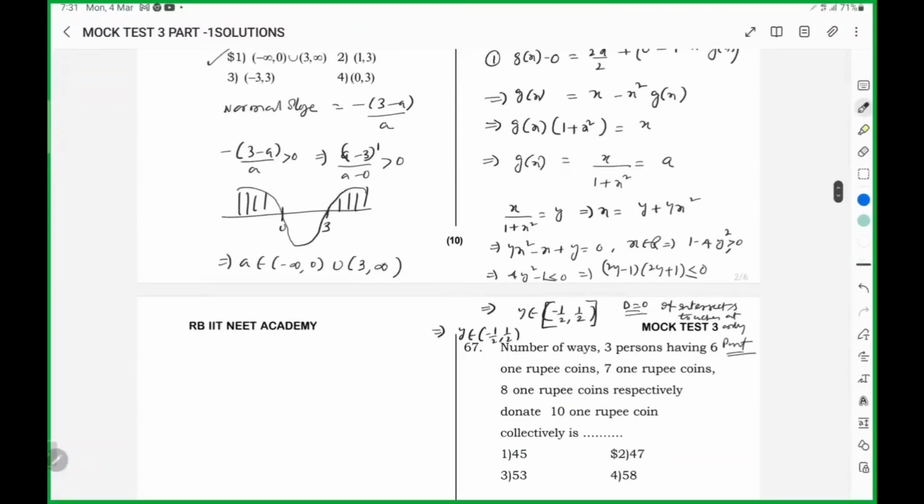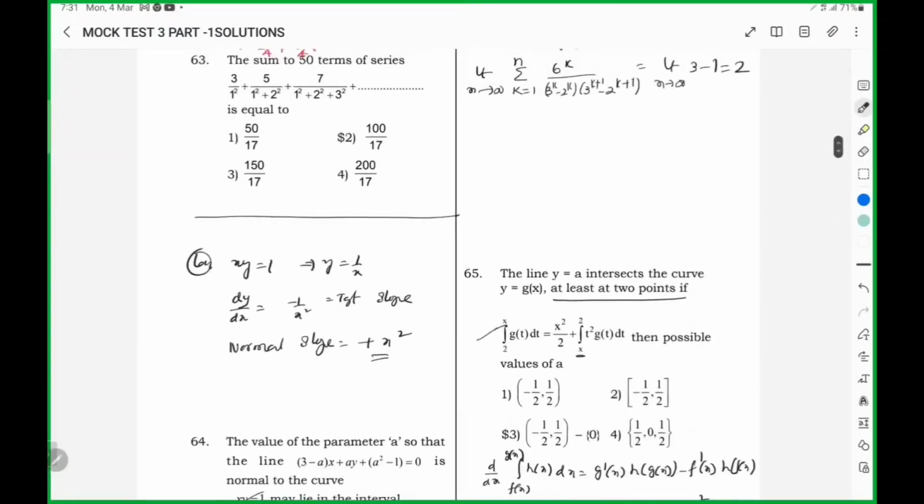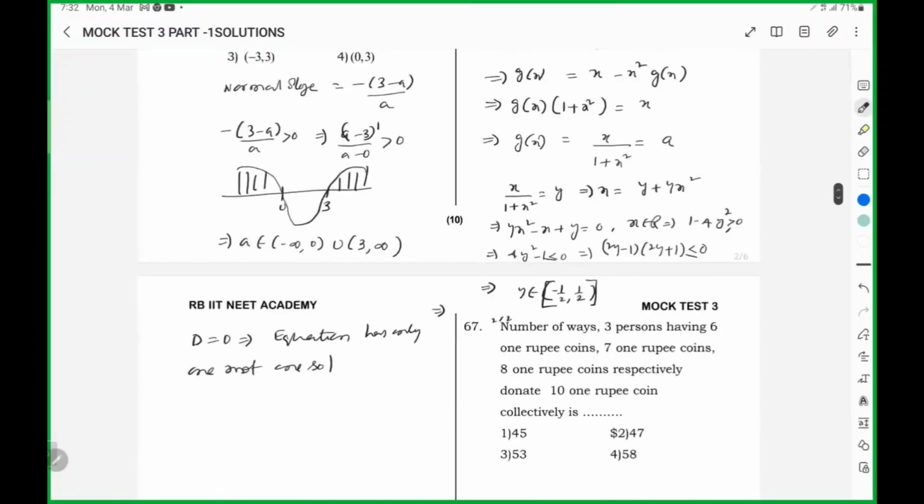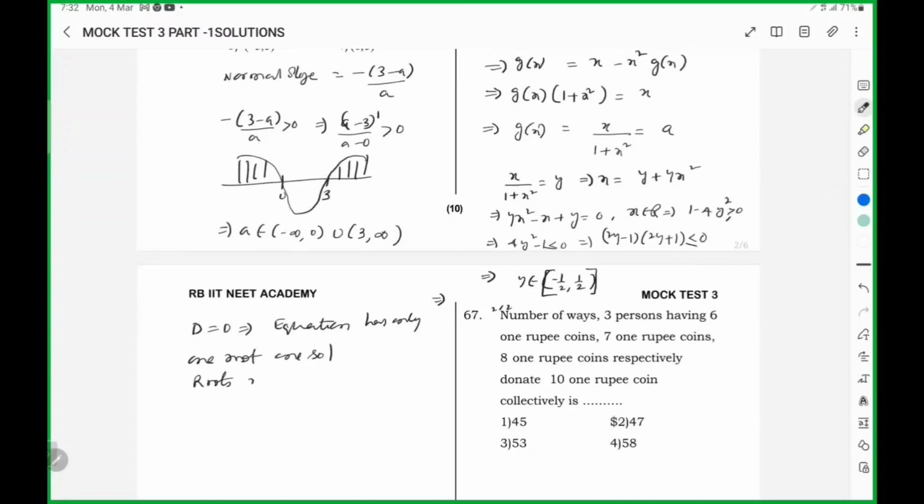Okay, let us write here. Discriminant 0 implies the equation has only one root. One root means one solution, but in the question he said at least 2 points. So roots must be distinct. So only D greater than 0, meaning equality will not come.